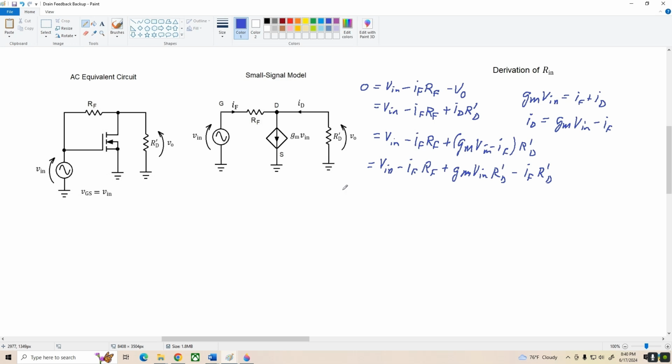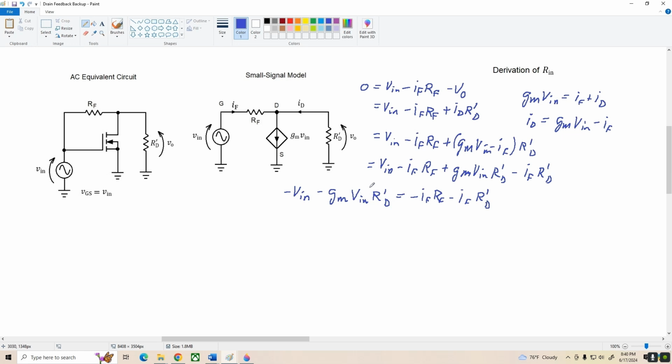So that gives us negative V in minus gm times V in times R prime D equals negative I sub F times RF minus I sub F times R prime D.